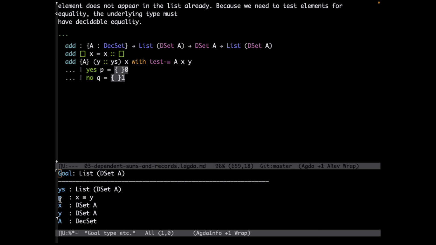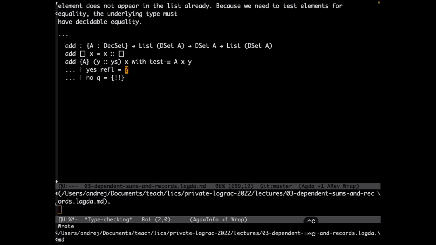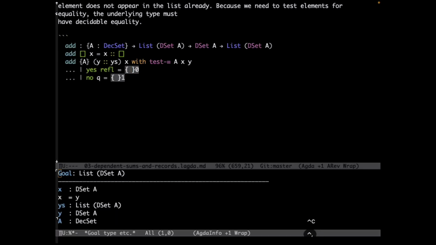And it says, well, p is some x equals y, okay. I could also pattern match on p here if I wanted to. I don't know if this is really necessary. What is the answer? So the answer should be, it's the same list. So I discovered that the first element of y equals x, so I should just return the same list.